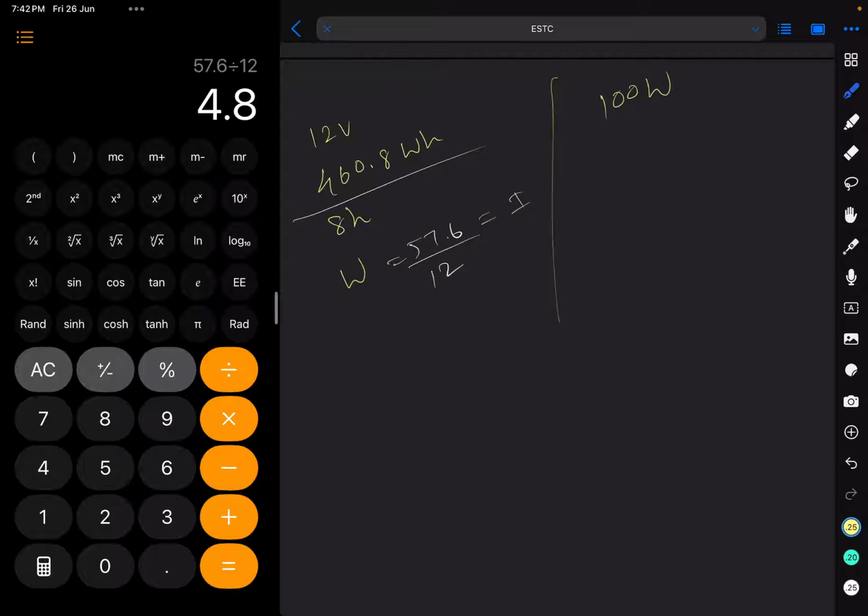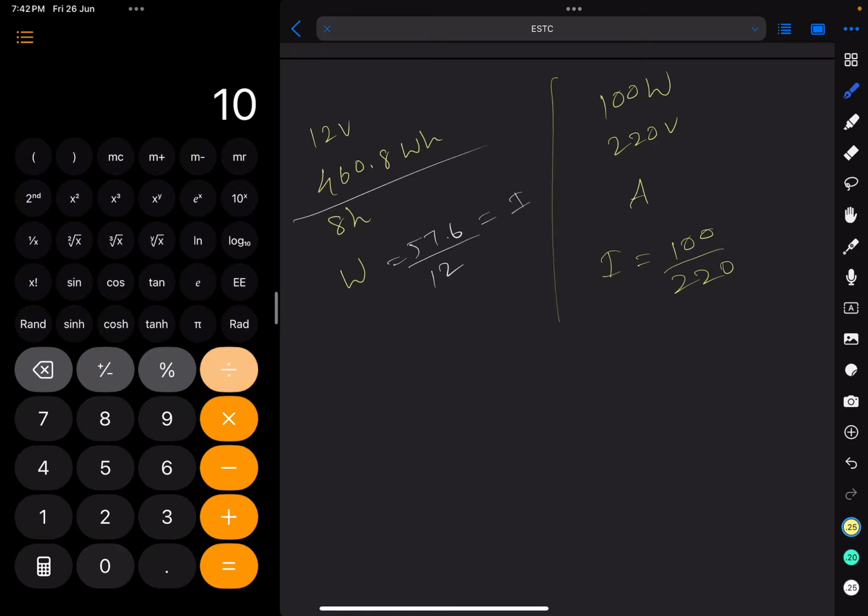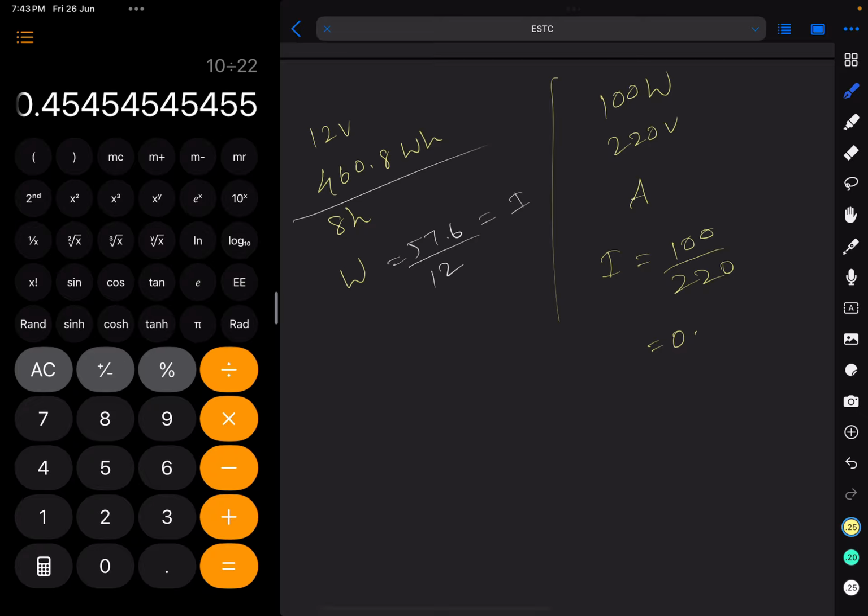100 watt bulb connected to 220 volt supply. The current, okay, 0.45. Why are they asking simple questions? Now the resistance.